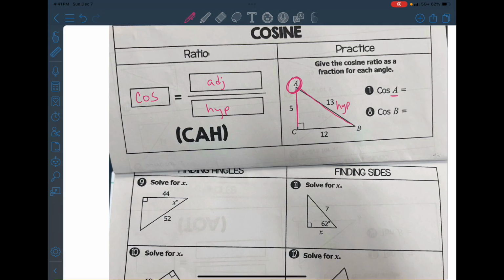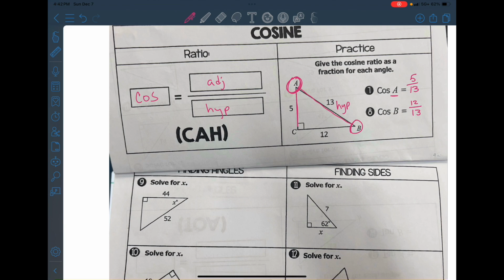So 5 is our adjacent. We're just going to leave them as fractions unless they want us to give them a decimal. And so if I'm looking at B now, my adjacent changes. 12 is my adjacent. 13 is still my hypotenuse.